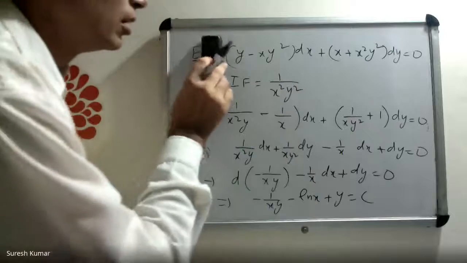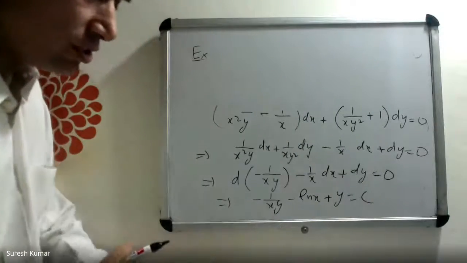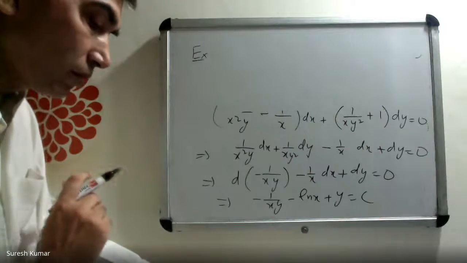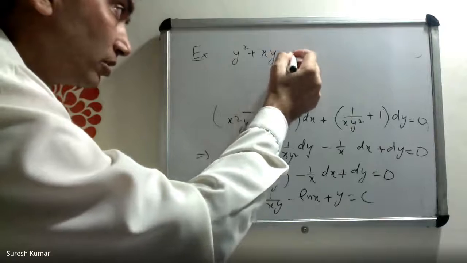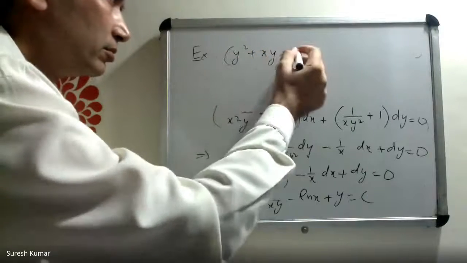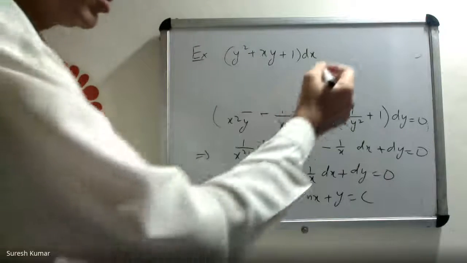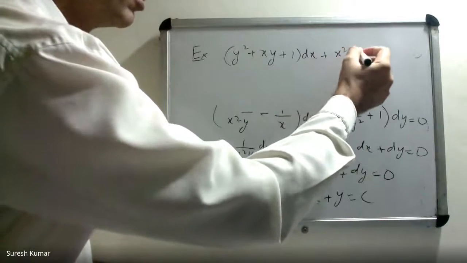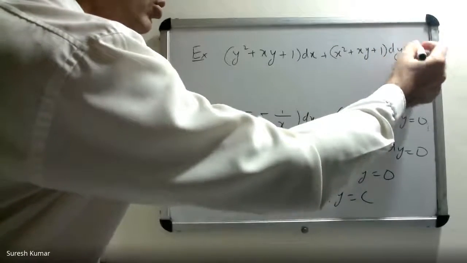Okay, let's see another problem where you need to think exact differential. y square plus xy plus 1 dx plus x square plus xy plus 1 dy equal to 0.